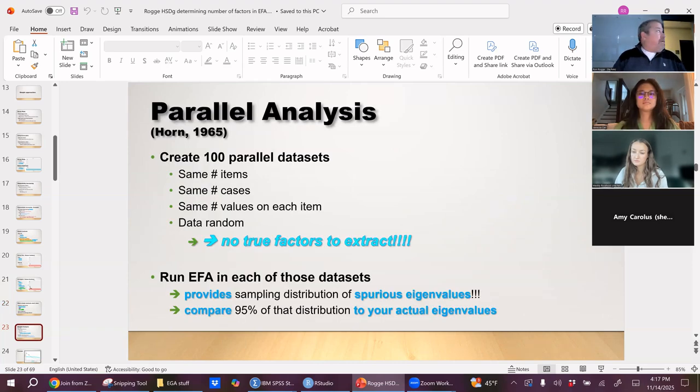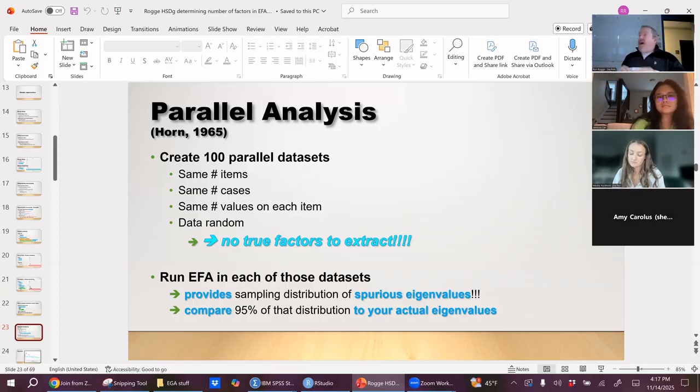So we'll start with parallel analysis. The idea is, I said this is difficult because every factor analysis, you have different number of items with different number of answer choices, with different numbers of subjects, with different numbers of factors. All of those things go in to trying to figure out what to do.